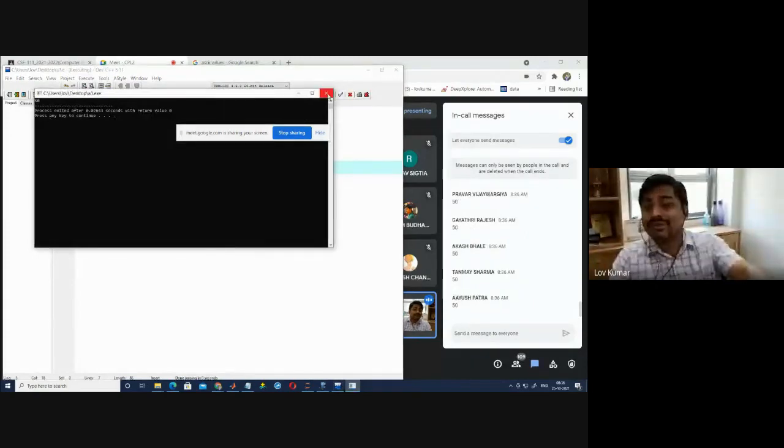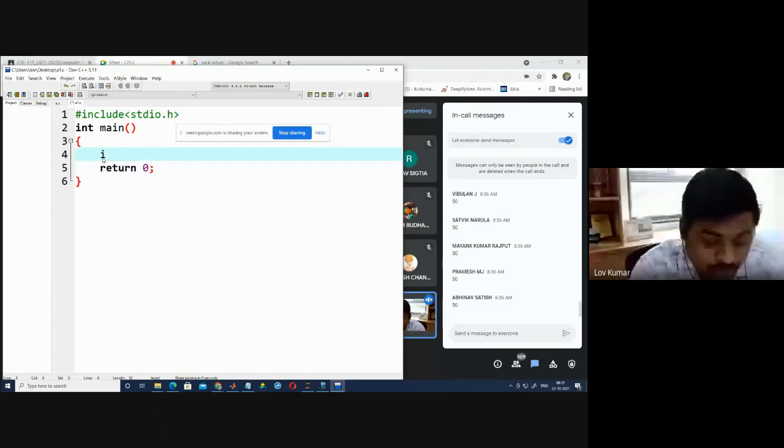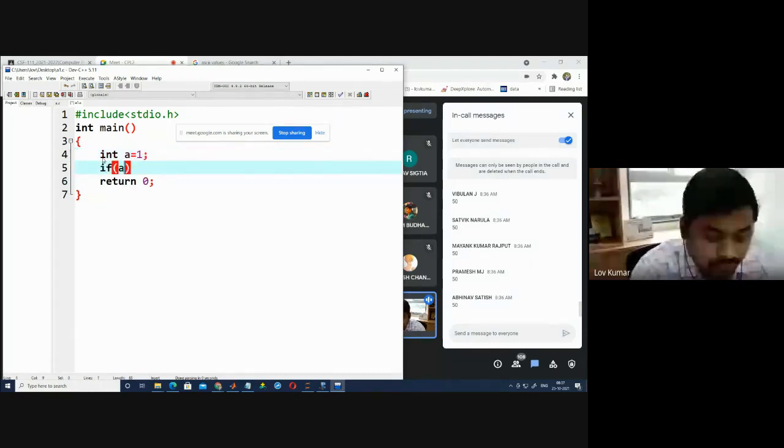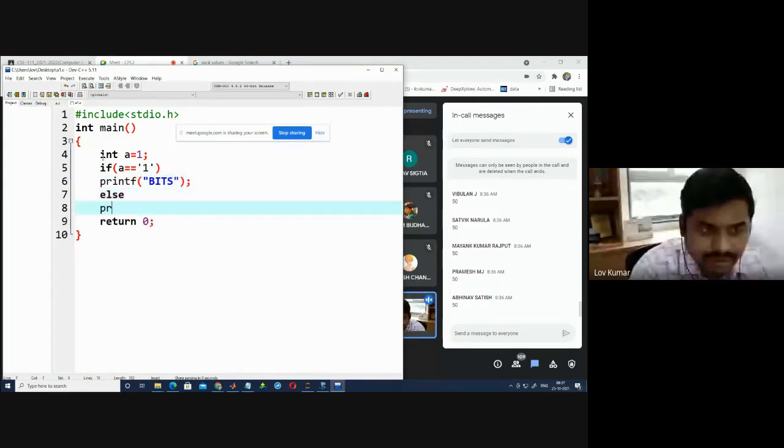So don't be confused. Sometimes the question will come like that. A equal to 1, and then it will write if A equal to single-quoted 1, then printf bits, otherwise printf header.